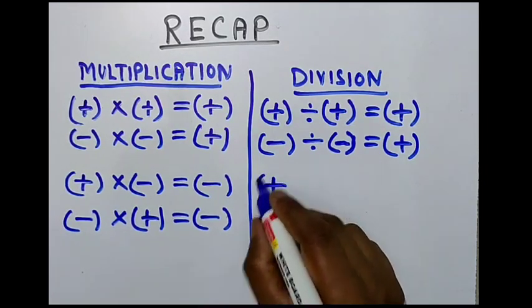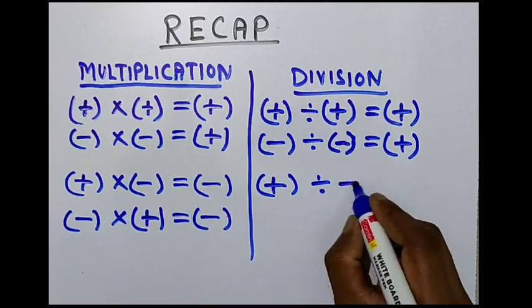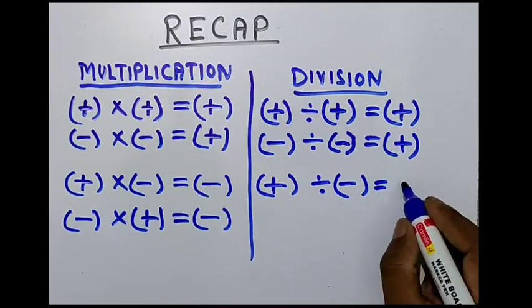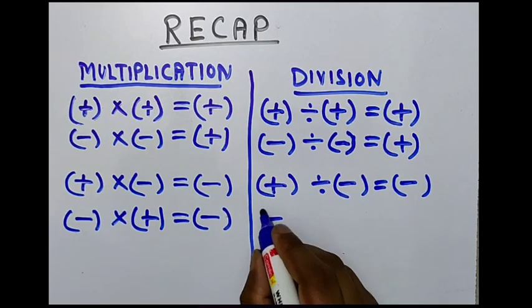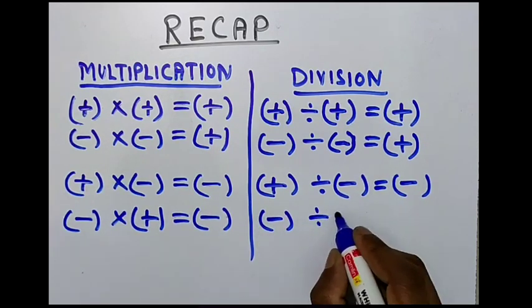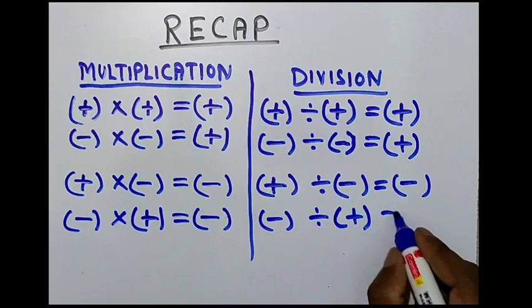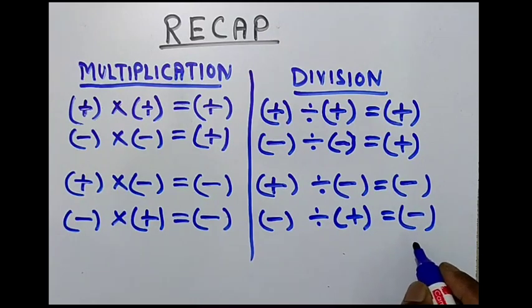But when we divide a positive integer by a negative integer, we'll get a negative integer. And when we divide a negative integer by a positive integer, we'll get a negative integer. So I hope the concept of multiplication and division is clear to you.